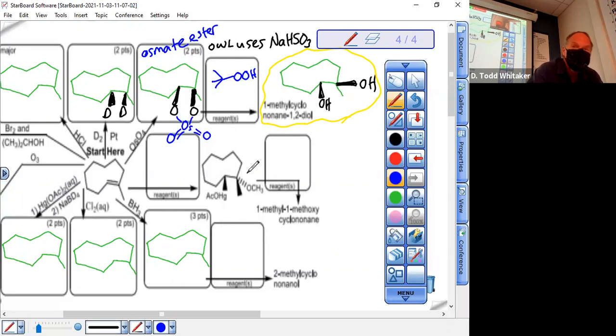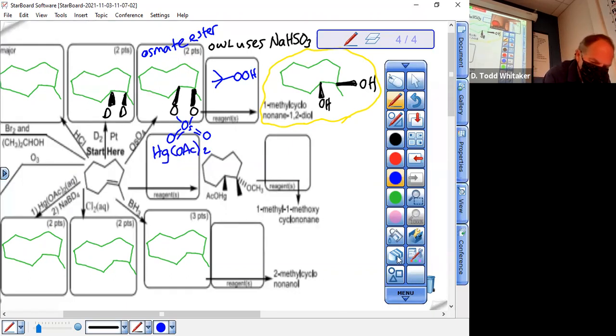Same as this one. It's got a new oxygen on the more substituted carbon and a mercury on the less substituted carbon. So that part has the same chemical as this part, HgOAc twice, but stop there. HgOAc twice.